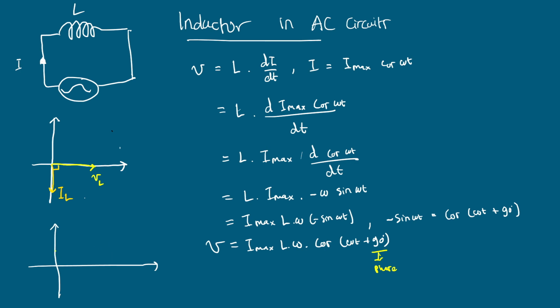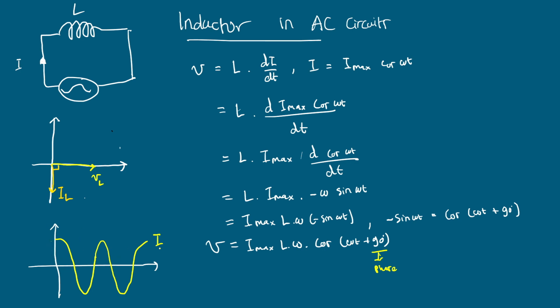For drawing the sinusoidal waves for voltage and current, they will be represented by these signals. Okay, first we start from the current I. As we know, I is equal to I max cosine omega t, so this is I max, but maybe we don't need to draw it.